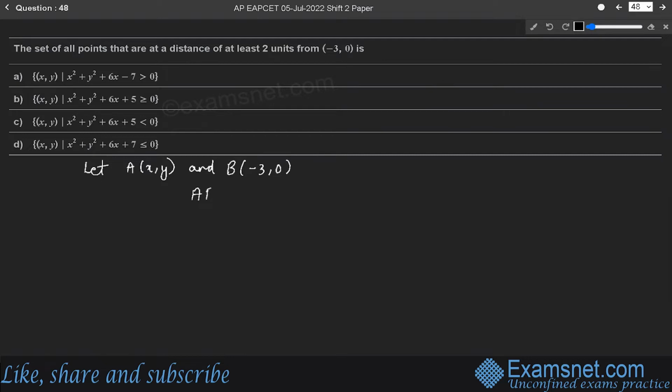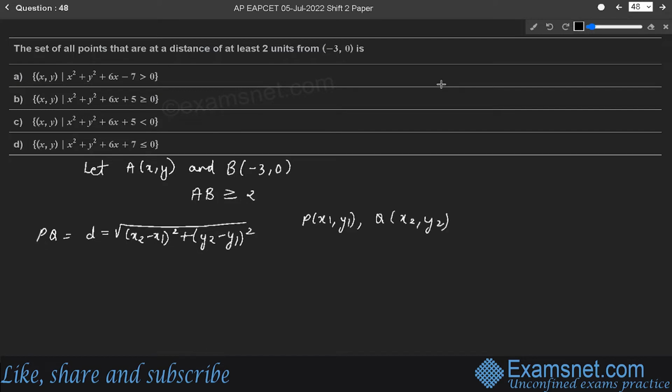Here, AB will be greater than or equal to 2, and PQ will be the distance which is equal to under root of x2 minus x1 square plus y2 minus y1 square, where P is x1, y1 and Q is x2, y2.